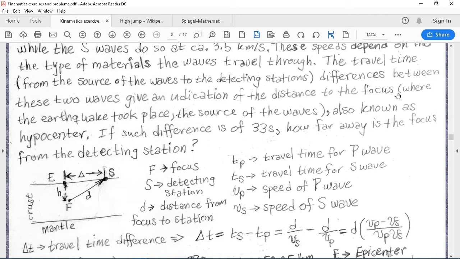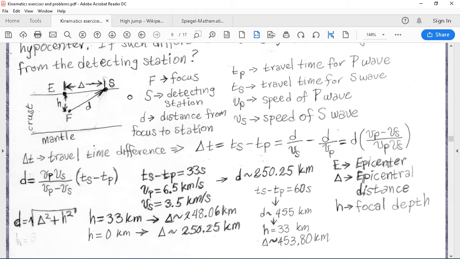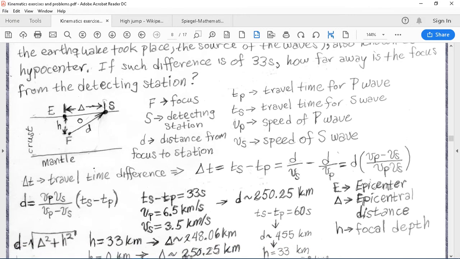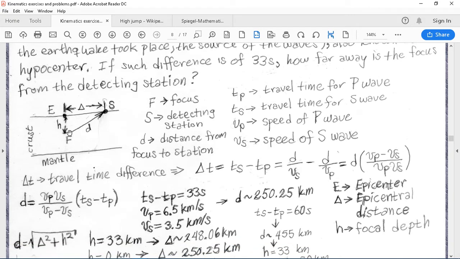Okay, if such differences are 33 seconds, how far away is the focus from the detecting station? So we have a simple diagram here in which we have the focus F within the crust.